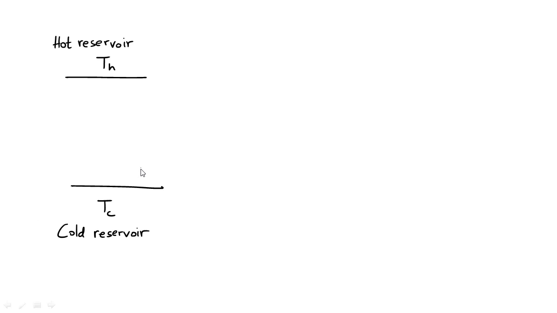Let us say one of these reservoirs, the hot reservoir, has temperature Th, while the other reservoir, the cold reservoir, has a temperature Tc. Let us calculate the change in entropy of both these reservoirs when a Q quantity of heat flows from the hot reservoir to the cold reservoir.